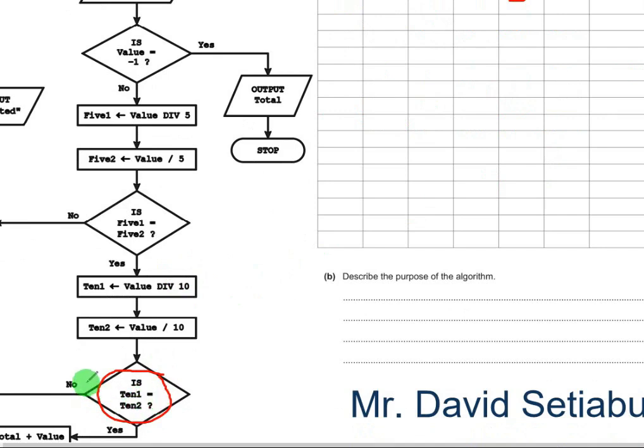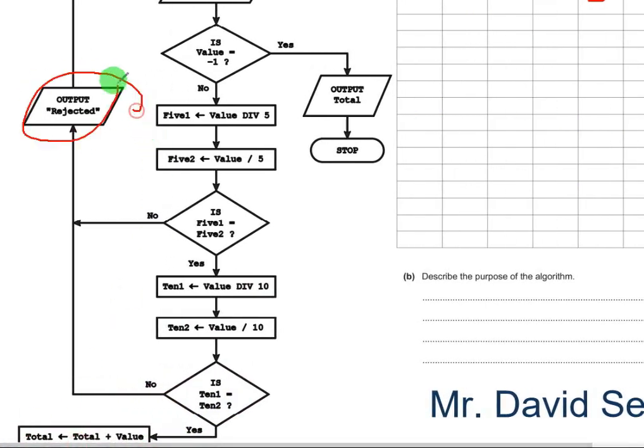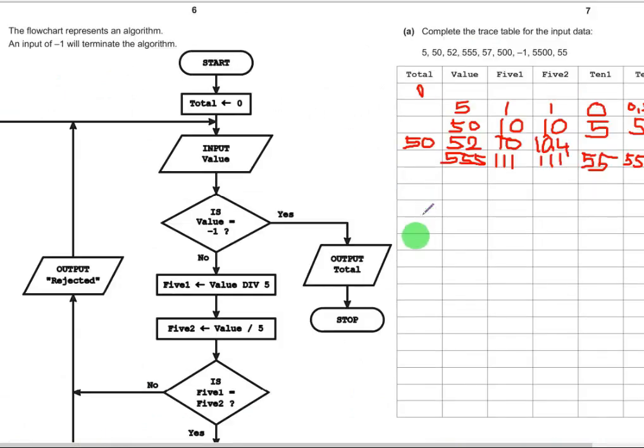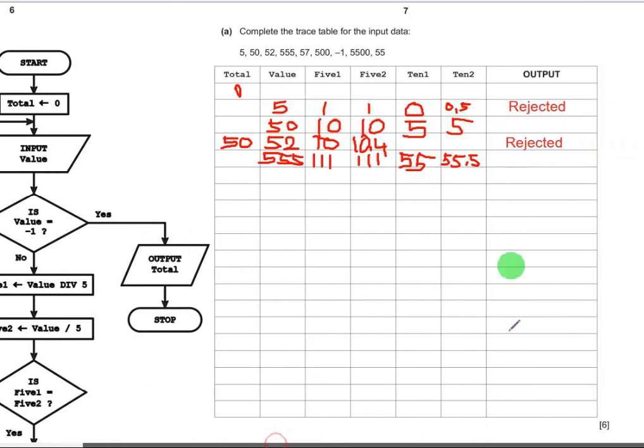The answer is no. It's not the same. So when it's no, then it goes to the rejected. So we put the rejected over here. I know it takes time, guys. For every trace table, it takes time.